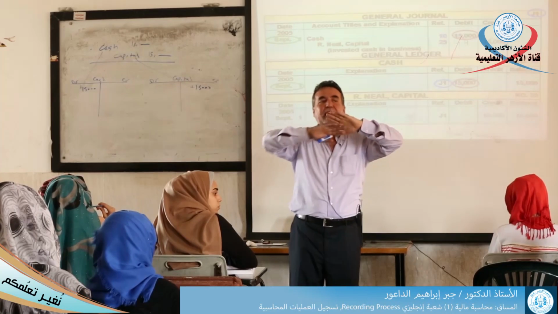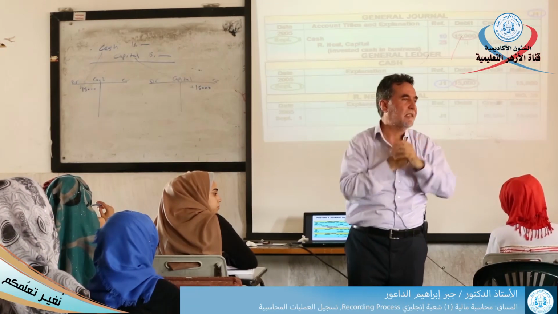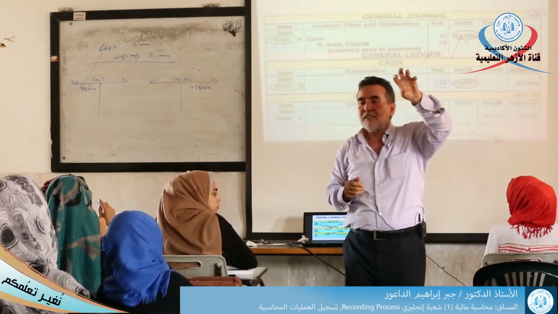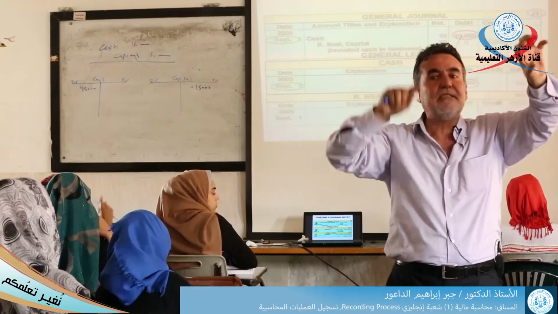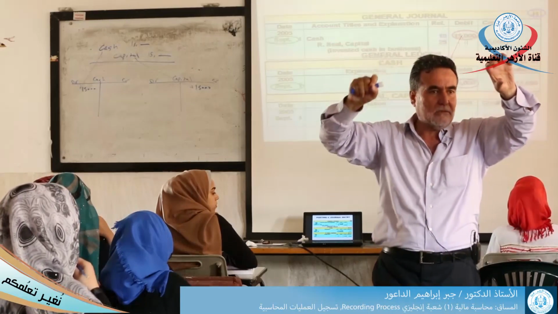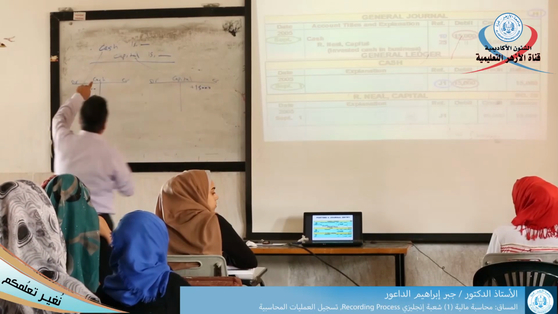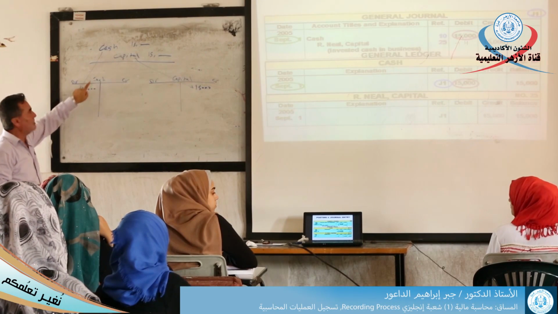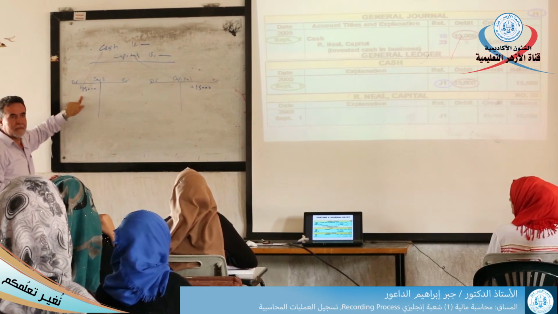So I have the journal entry: cash to capital, cash debit. In the debit side of the cash account we write the amount, debit to debit.